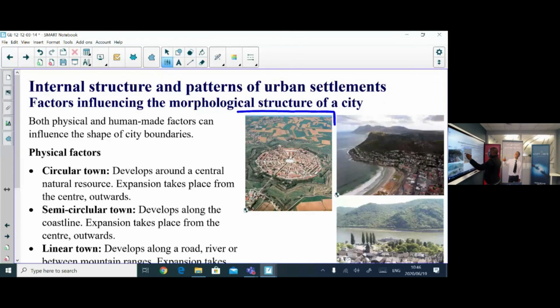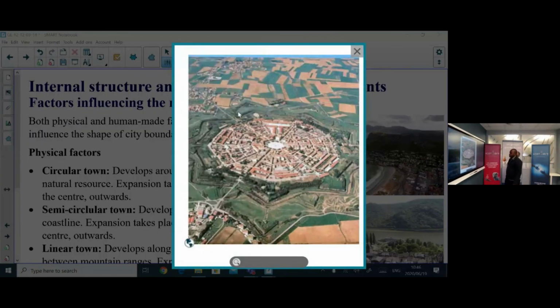Then this one, the circular. When you look at this one, the central position is here. That's the central position that we have there. And then that looks more like a lake. And then you find that homes are constructed outside of that lake in a circular position.